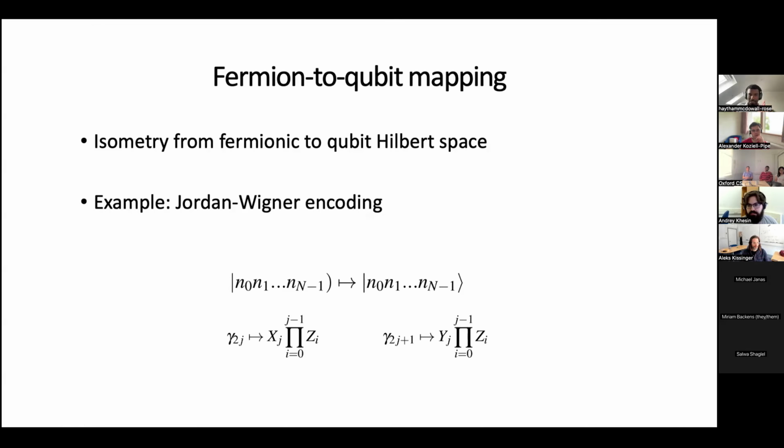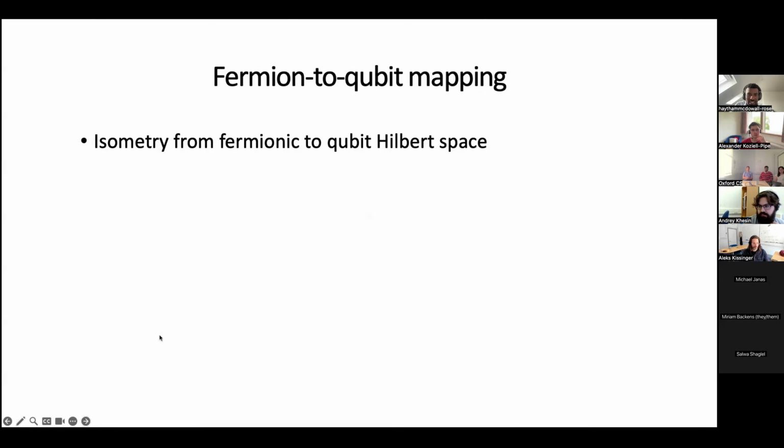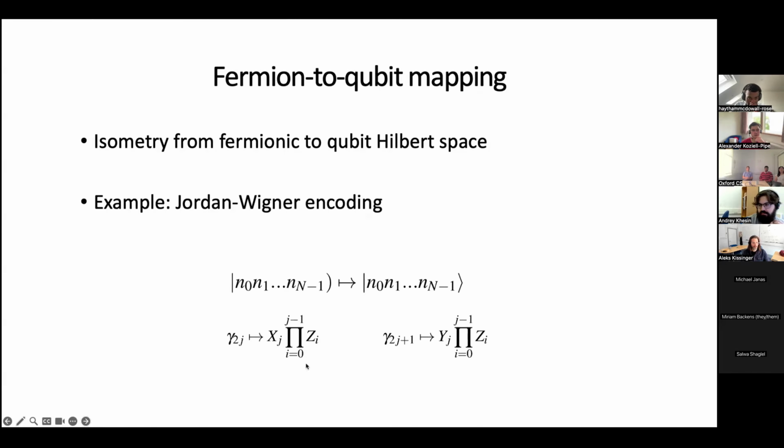We simply map it to the n qubit bit string which is exactly the same. So it looks like the identity map, but it's not the identity map because it's going between two different vector spaces. And under this encoding, the Majorana operators, which are these things, get mapped to these Pauli strings.